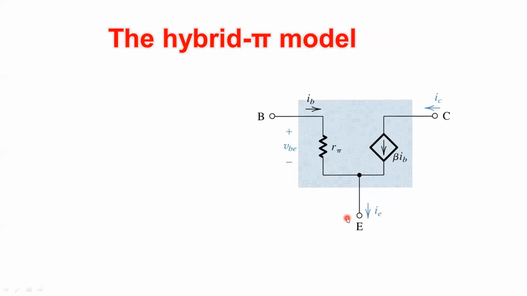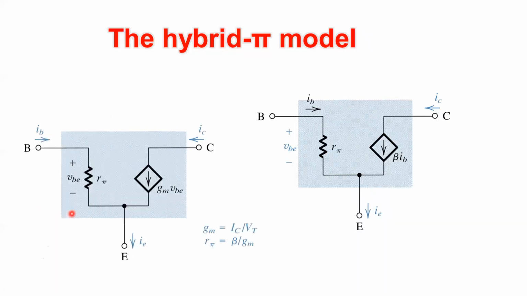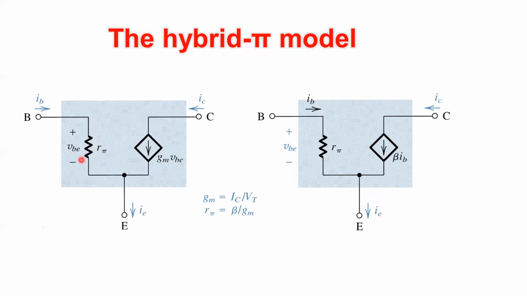Now we need an AC model for the BJT. Based on the previous slide, the AC current flowing in the collector is equal to gm times the AC input to the base. So simply we can make it like that. We have a current in the base, and a voltage drop in the base, which is VPE.